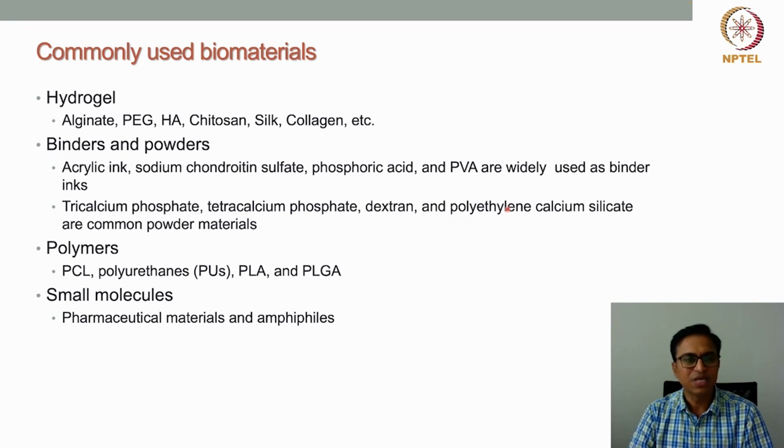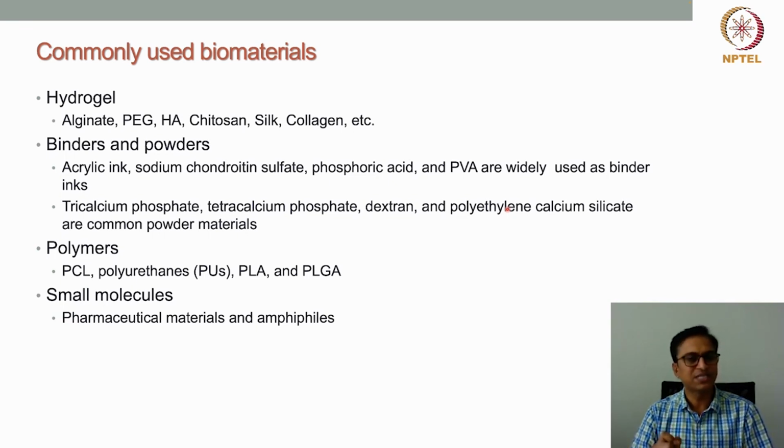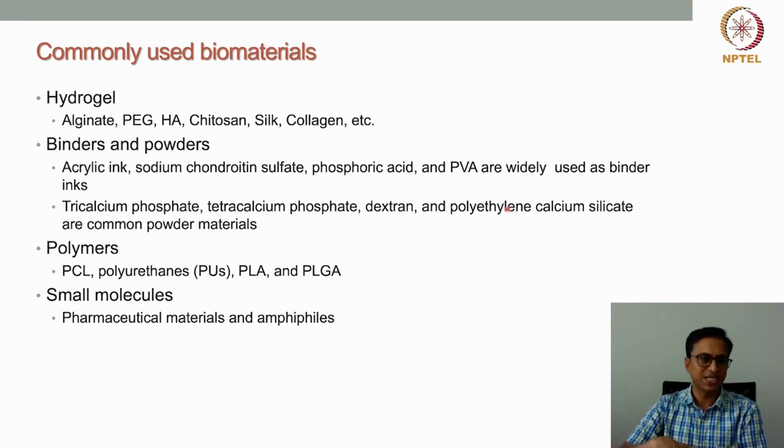So that's why different types of binder materials are used, and this can be done in two ways. Either the solid or dried binders and powders are mixed together, and then placed on the stage. Then the droplets are produced; the droplets can be aqueous or organic, and they are sprayed onto this.